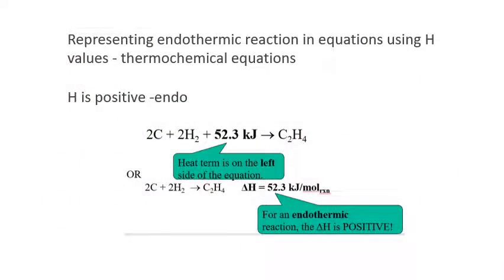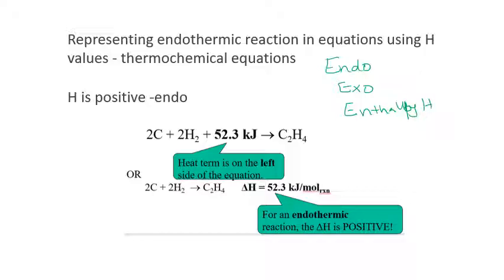Now let us see how we can explain endothermic and exothermic, and also how we are going to represent endothermic and exothermic in an equation, using the word we just learned, that is enthalpy. Enthalpy is represented by the letter H. So let us see that one.